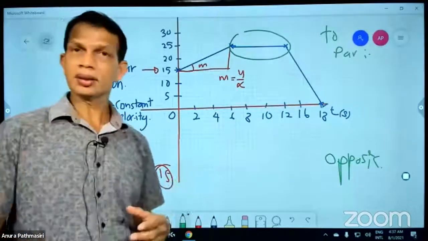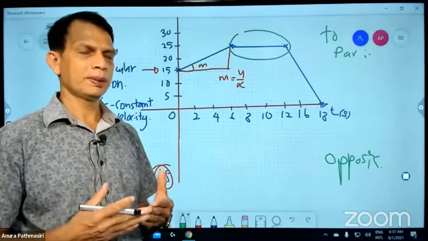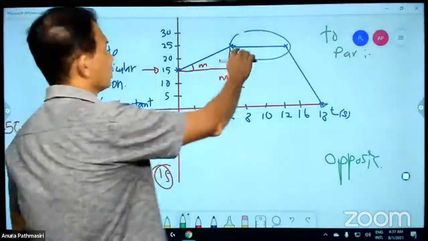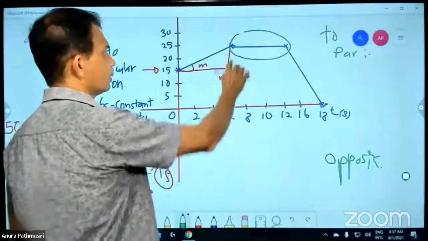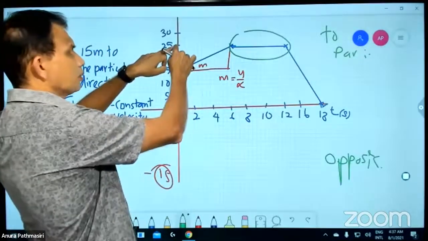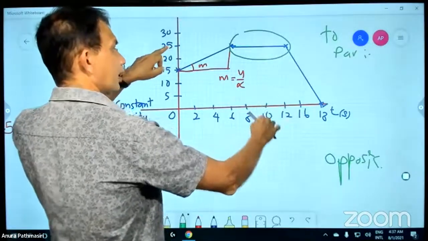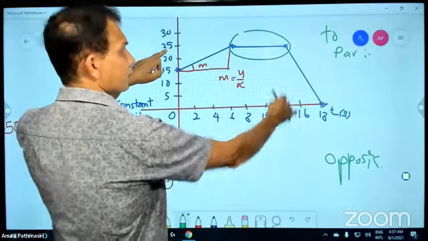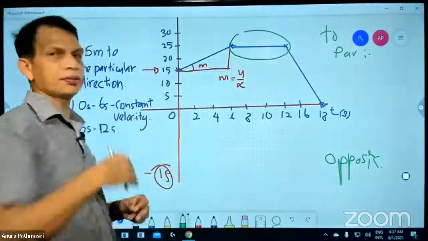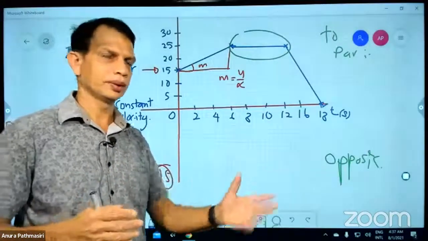When the gradient is 0 means that no displacement has taken place. When the time is 6 seconds, the displacement is 25. And at the 10th and 12th second, the displacement is still 25. That means the object has not moved.